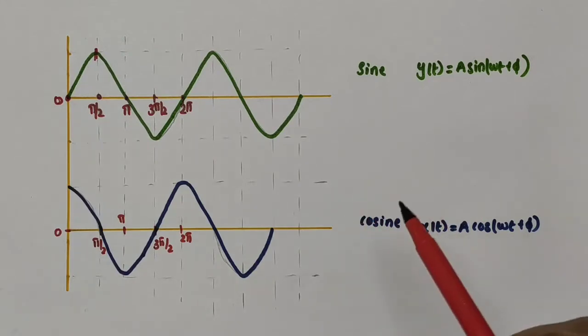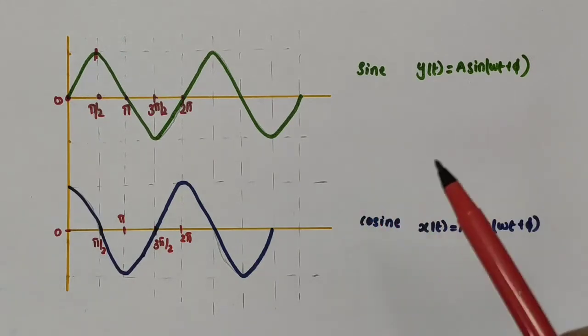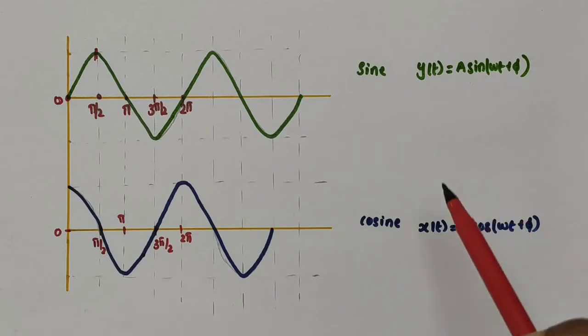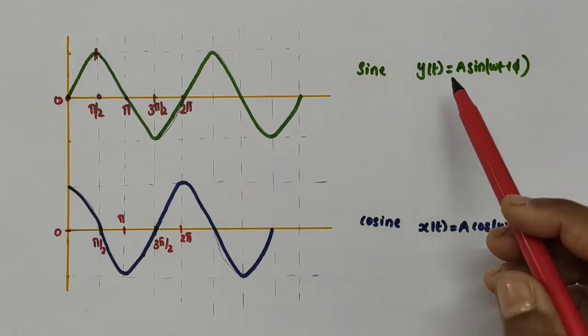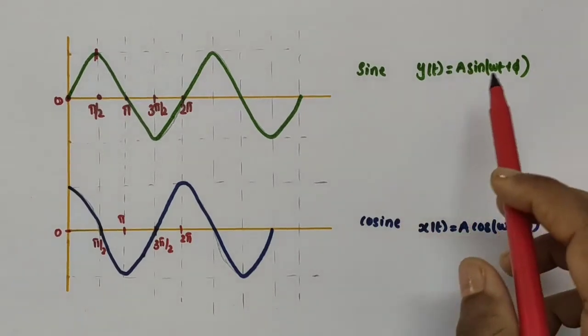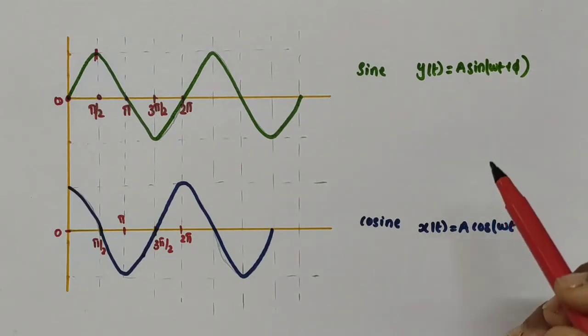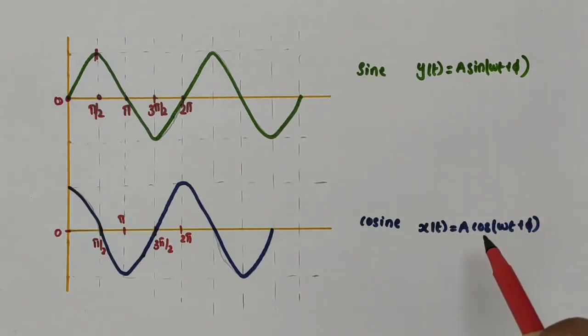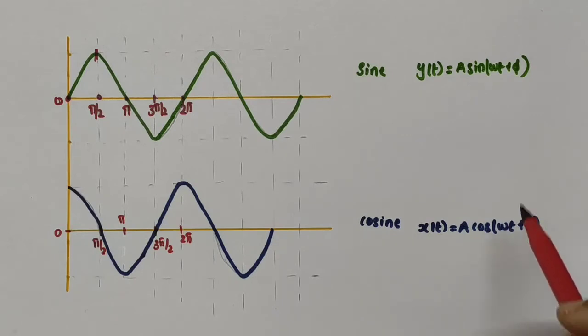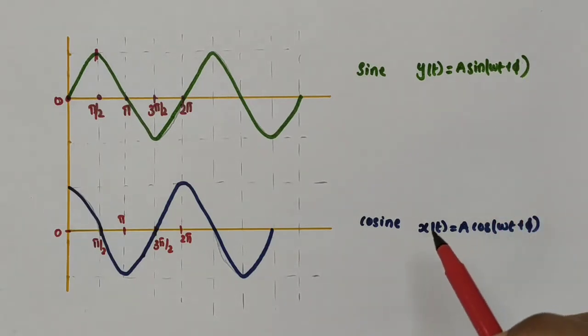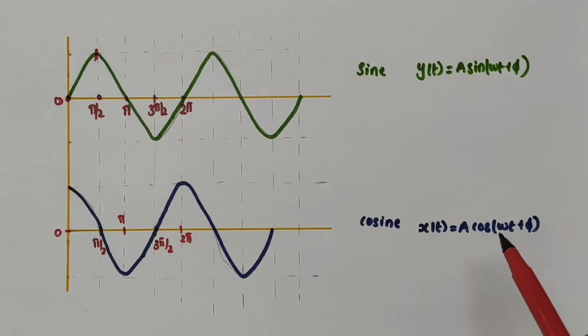We got the projection P dash on the diameter along the y-axis as y of t equal to A sine of omega t plus phi, and the projection on the diameter along the x-axis as x of t equal to A cos of omega t plus phi. This is a sine and this is a cos.